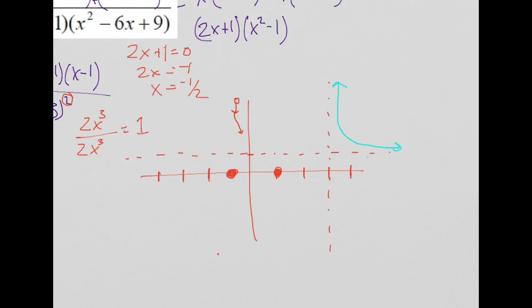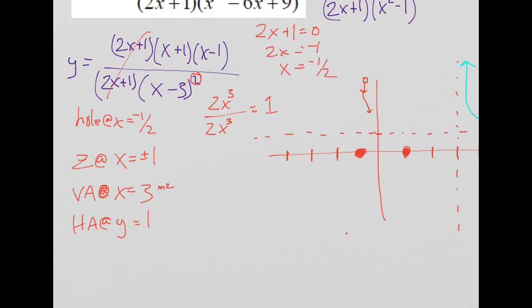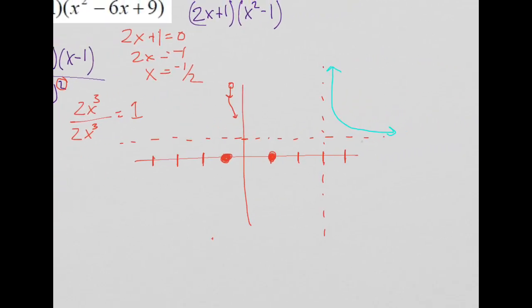Now, we also know that the multiplicity at that vertical asymptote, that denominator, x minus 3 quantity squared, tells me that my tails at this asymptote are going to be together. So we actually have an interesting case here where we're going to come down and we're going to actually cross our asymptote.